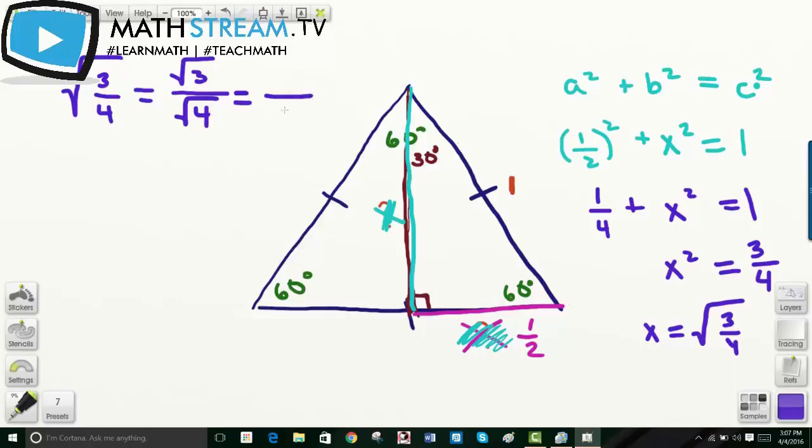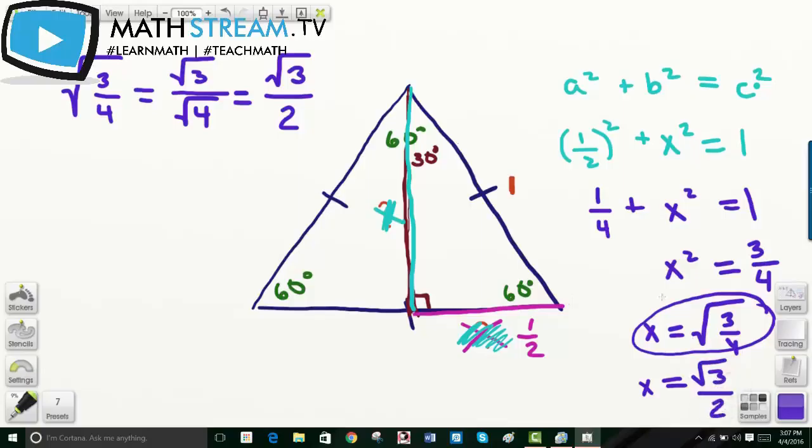Square root of 4 is just 2. So we don't have the problem we had last time. No roots in the denominator. And so this stays the same, the square root of 3 over 2. So the value of x, in this case, the missing side, is the square root of 3 over 2.